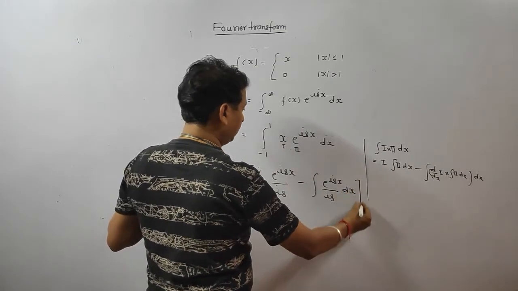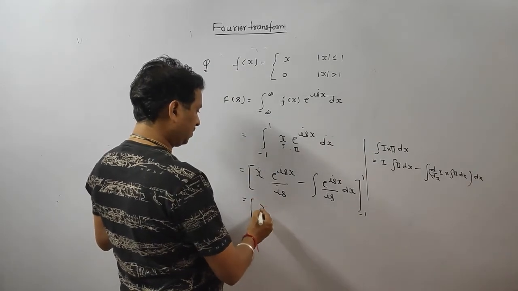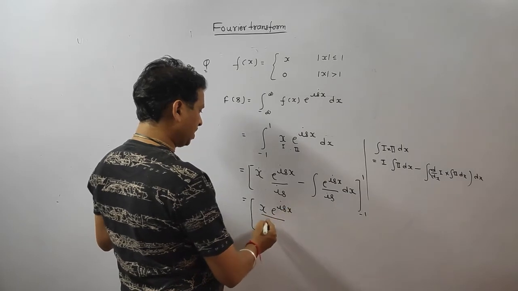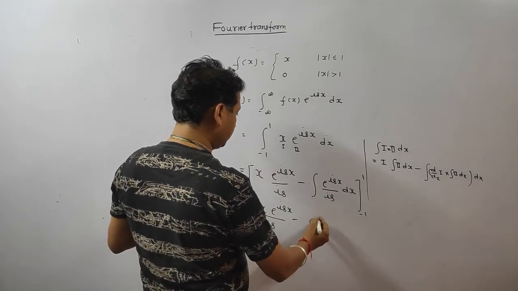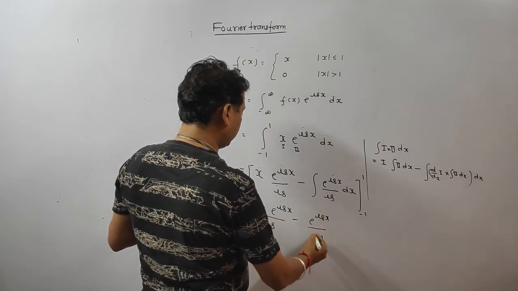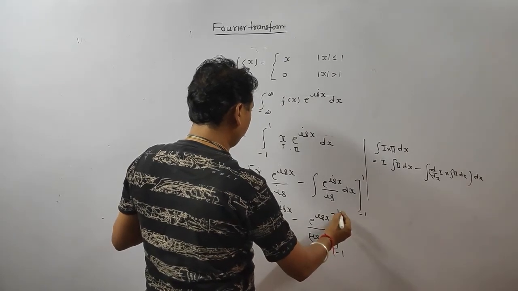Limit is -1 to 1. x e to the power iota sx upon iota s minus again integration, e to the power iota sx upon iota s whole square. Limit -1 to 1.